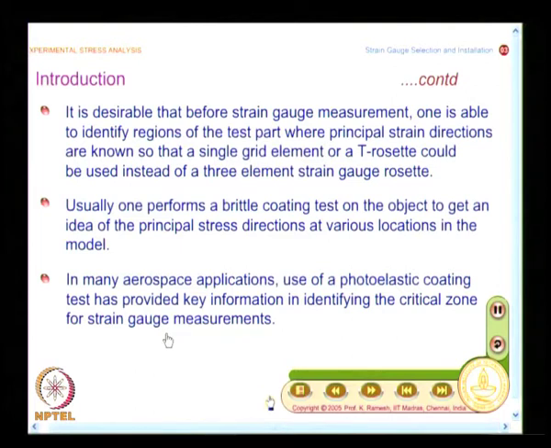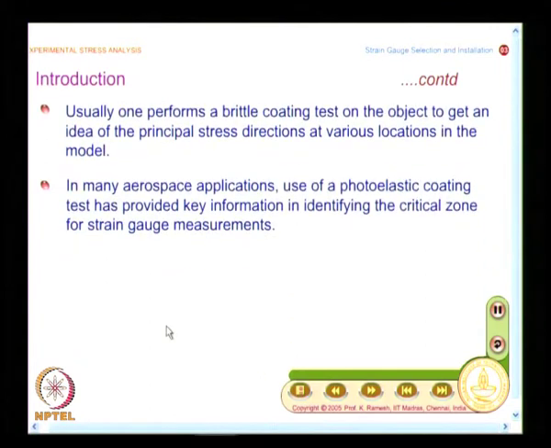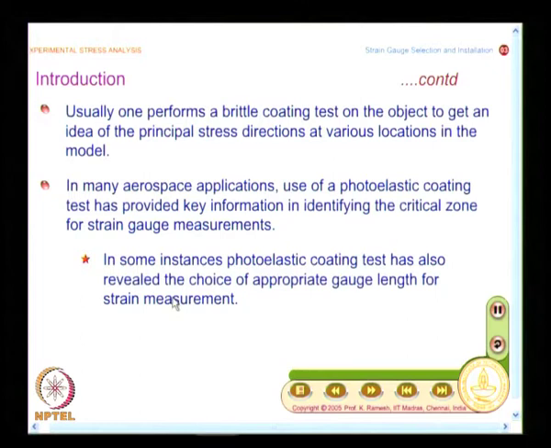Also, the fringe patterns give an indication of the gradient. If the fringes are very dense, then you have a very sharp variation of strain values. So, you can also make some assessment on the choice of appropriate gauge length for strain measurement.